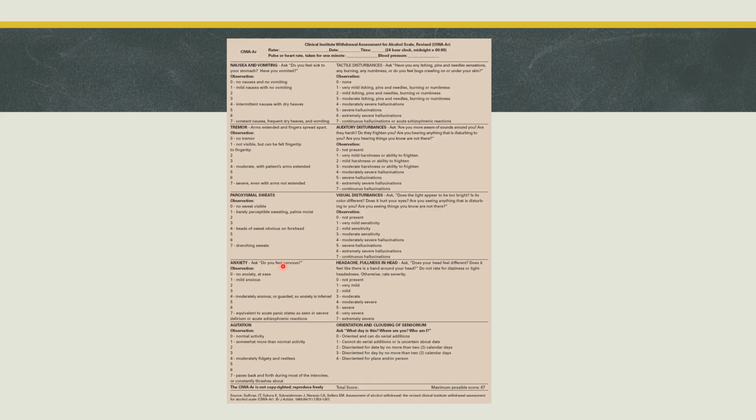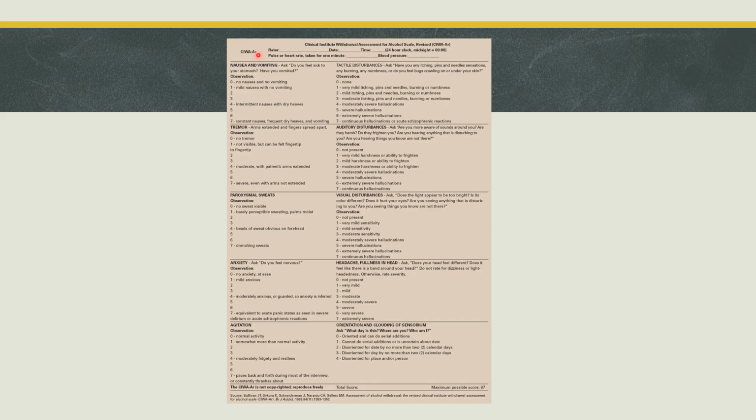What's causing your anxiety? Or I just ask them, 0 to 7, how anxious are you? You can assess how agitated they are. And then I ask them if they're seeing, hearing, or feeling things that aren't there, and if they have a headache. Then I ask, do you know what day it is? And if they do, can you subtract 7 from 100? And then subtract 7 again.